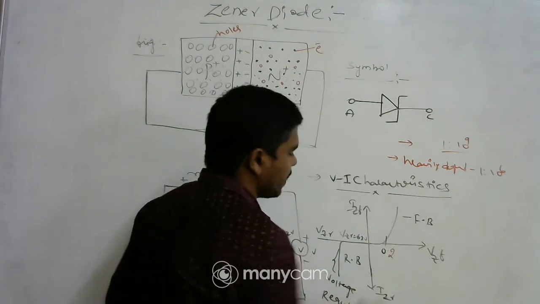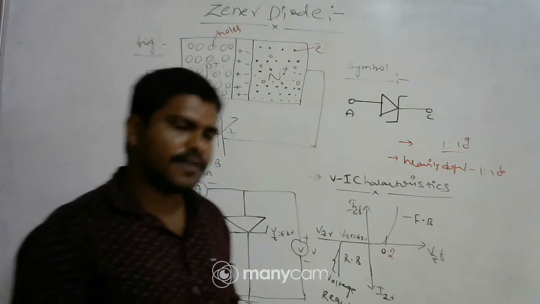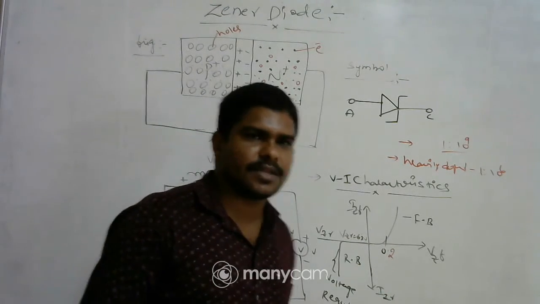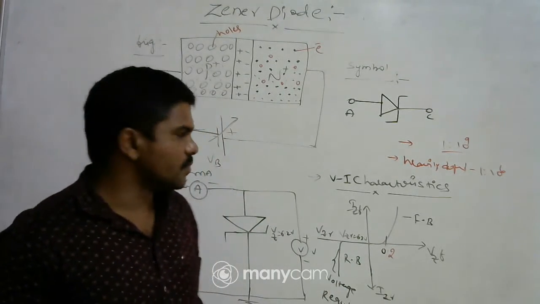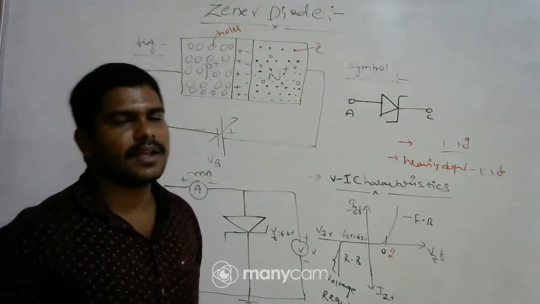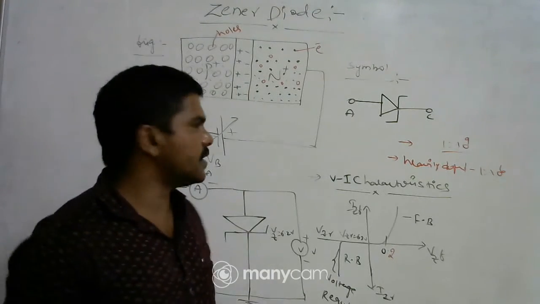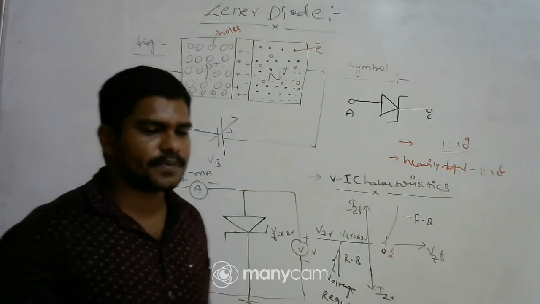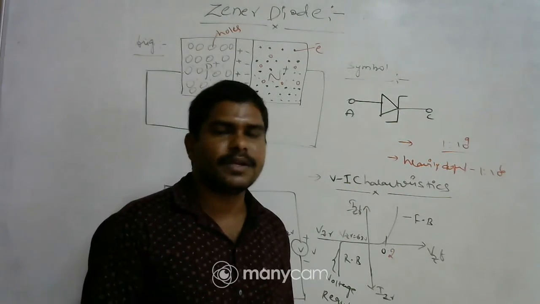In forward bias, the current starts flowing at a lower voltage, about 0.2 volts, because the width is very small, since the diode is heavily doped.